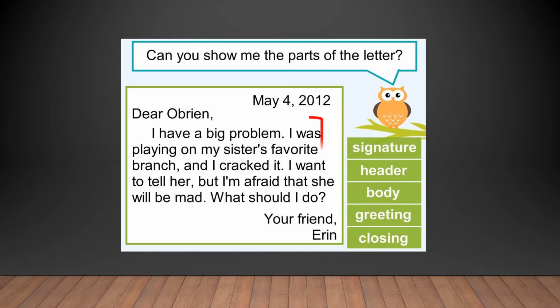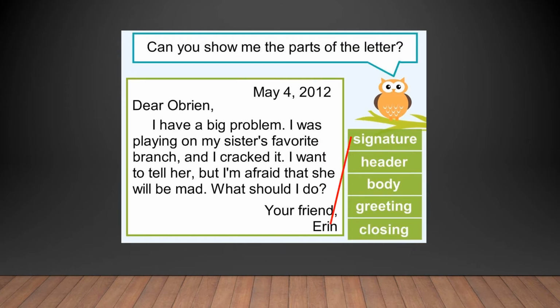Number 3, the body, where you write 3 or more sentences about what you want to tell your friend or your mum or your dad or whoever you're writing to. And number 4, the closing, where you say your friend or see you soon or things like that. And the last one, number 5, the signature, where you write your name.